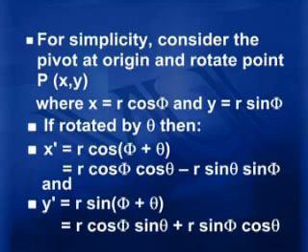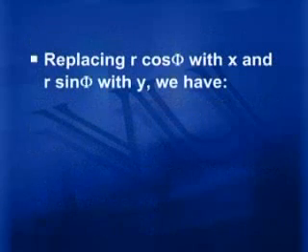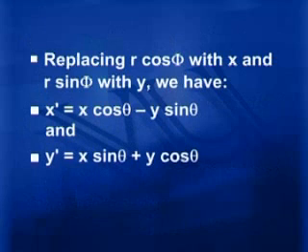And similarly, y would be transformed as r sin of phi plus theta, which can be expanded as r cos of phi sin of theta plus r sin of phi cos of theta. We can simply replace r cos of phi with x and r sin of phi with y to get x dash to be equal to x cos of theta minus y sin of theta, and y dash to be equal to x sin of theta plus y cos of theta.